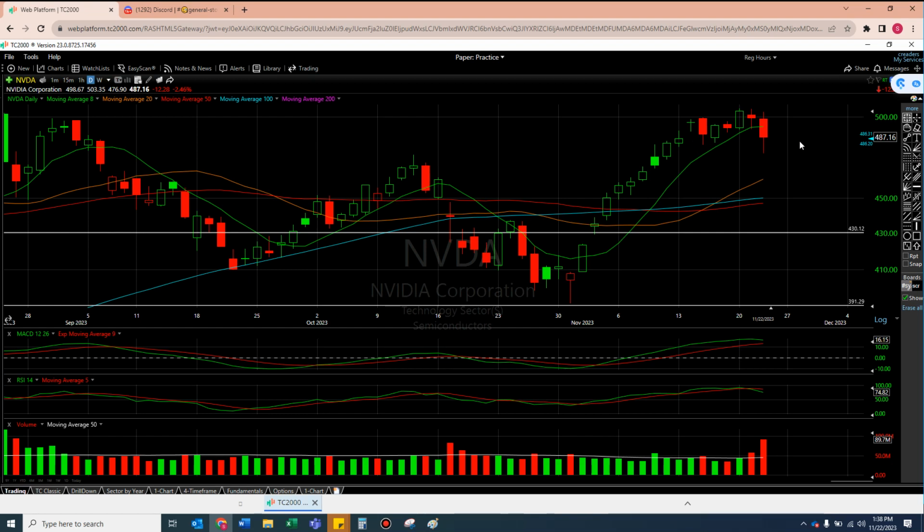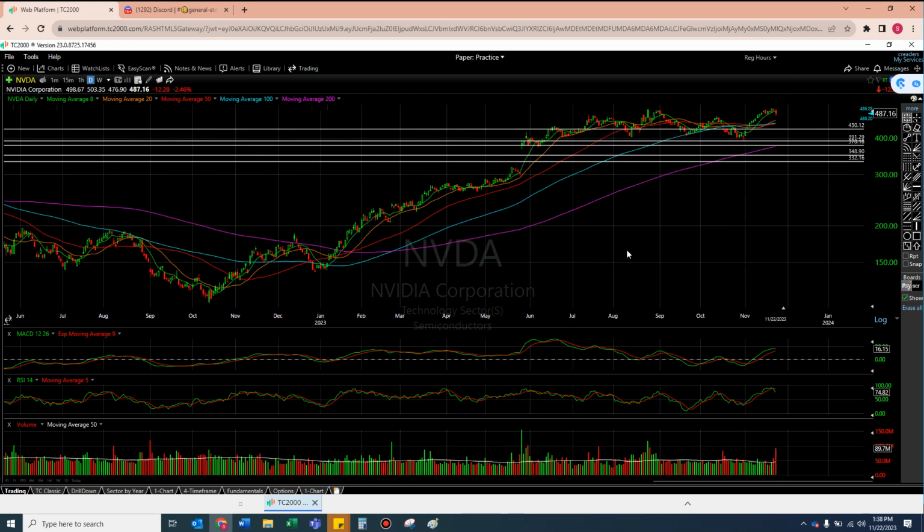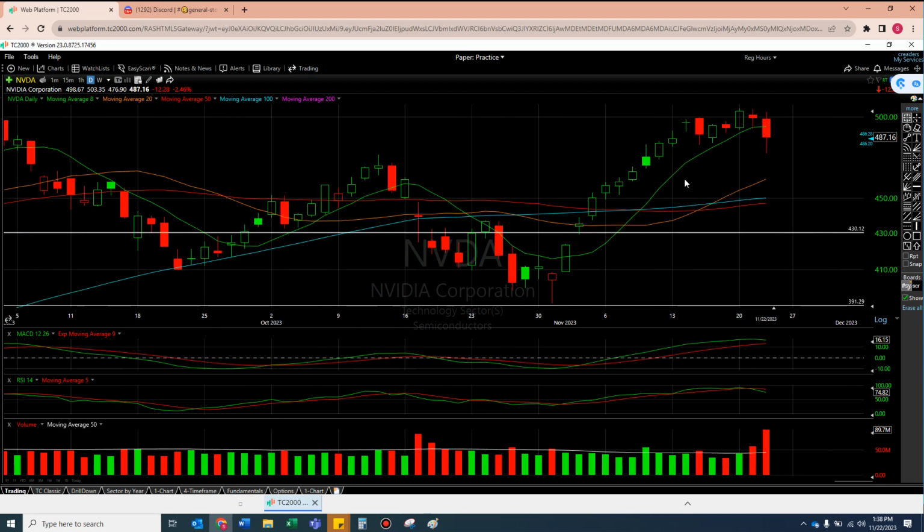But look, this is a negative chart. There's not a lot of good things really happening here. Obviously, NVIDIA has done some crazy things this year, so I don't even need to go into any of that. When I say things are bad, believe me, I'm not talking about craziness. But look, green can turn into red pretty quickly.